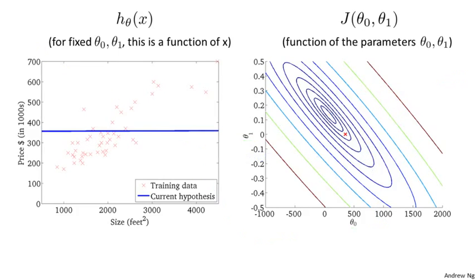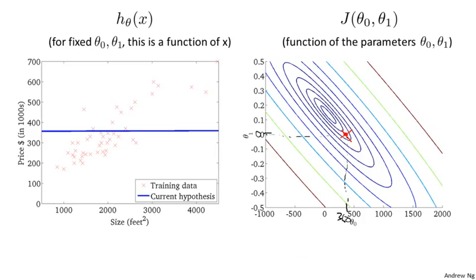Now here's a different hypothesis that's still not a great fit to the data, but maybe slightly better. So here, that's my point. Those are my parameters, theta 0, theta 1. My theta 0 value is about 360, and my value for theta 1 is equal to 0.